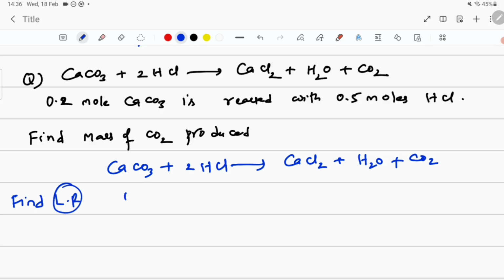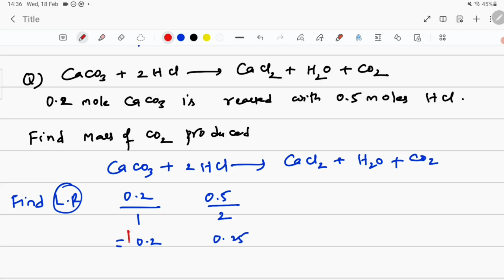Given moles 0.2 by stoichiometric coefficient 1, and 0.5 moles of HCl by stoichiometric coefficient 2. Here we get 0.2 in the first case, followed by 0.25 in the second.